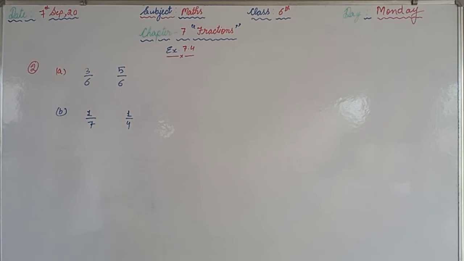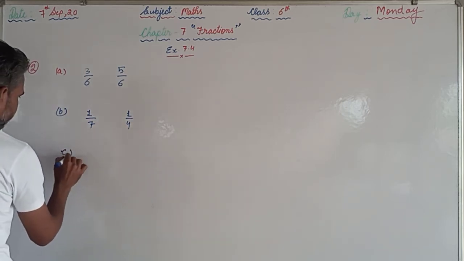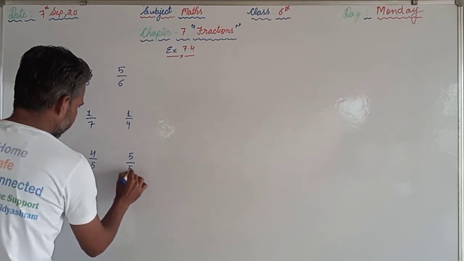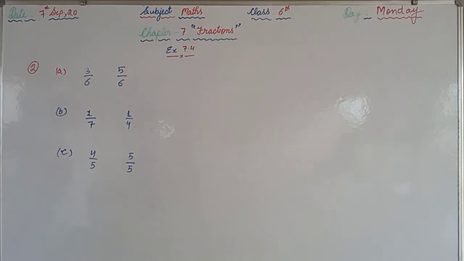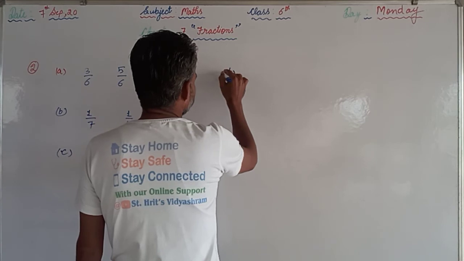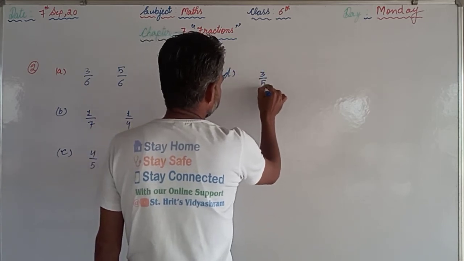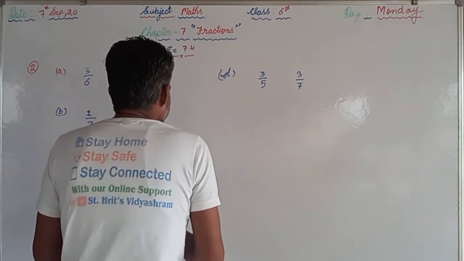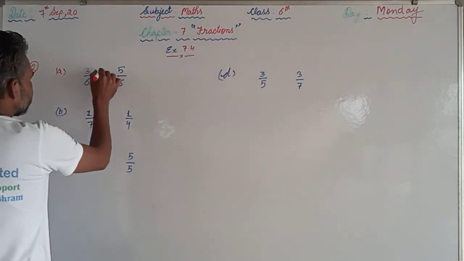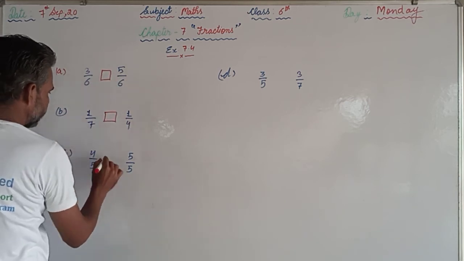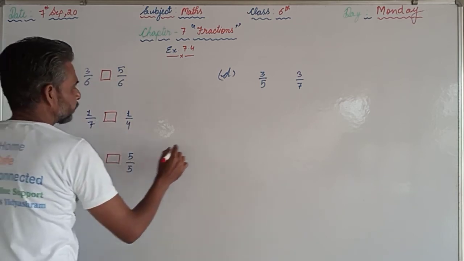Then C part is 4 upon 5, 5 upon 5. And at last 3 upon 5, 3 upon 7. So here the boxes have been provided in which we are supposed to put the appropriate sign.